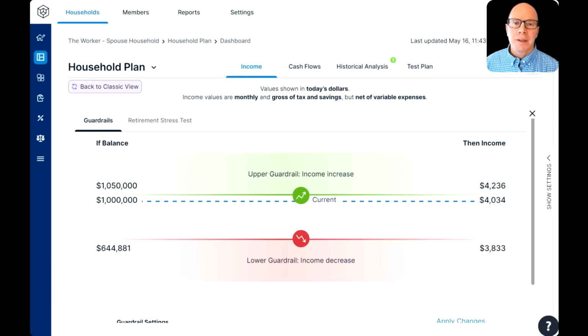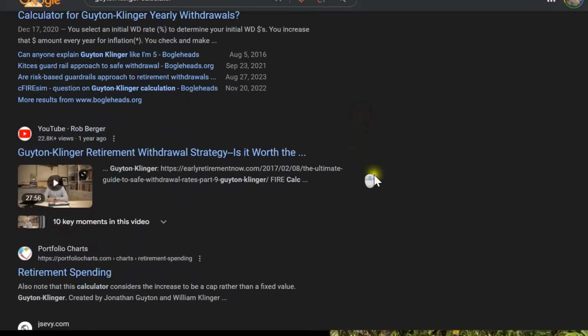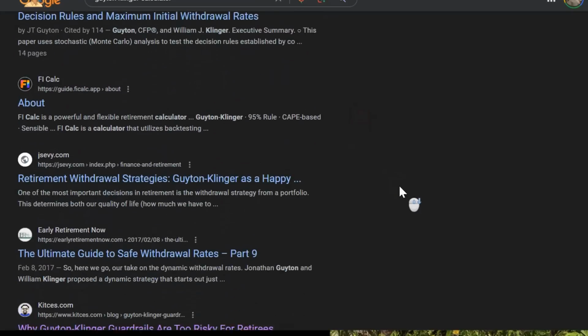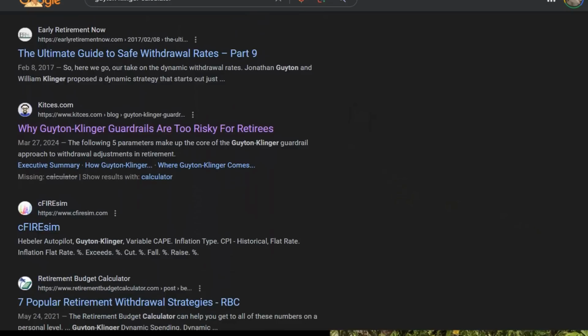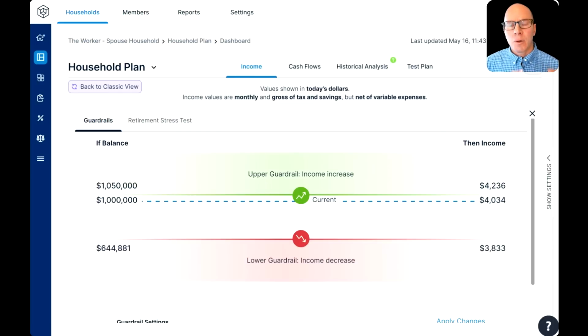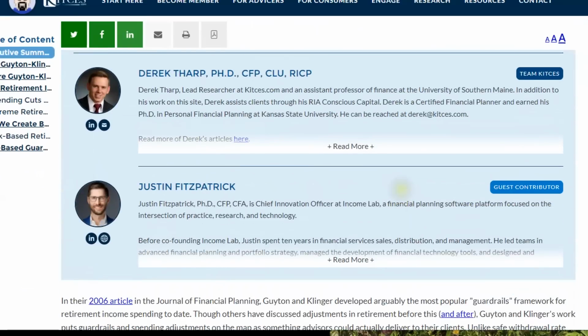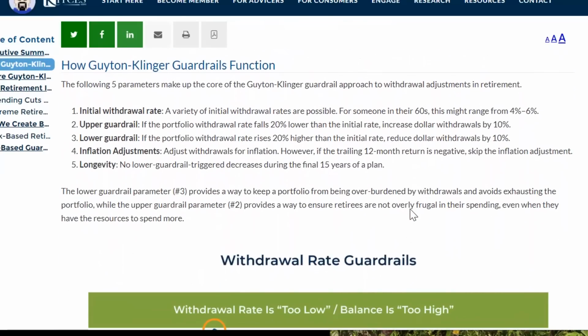Another method for calculating your retirement income is to use dynamic spending strategies. There's a couple of different ways to do this. One of them might be guardrails. That's one that's gaining a lot of popularity, and it's been around for a while. If you look back at Guyton-Klinger guardrails, that's one way to look at this, where you say, I'm going to start at a higher withdrawal rate than that old 4% guideline, let's say. Might start at 5.5% or something, but you need to be open to making adjustments if things aren't going well.